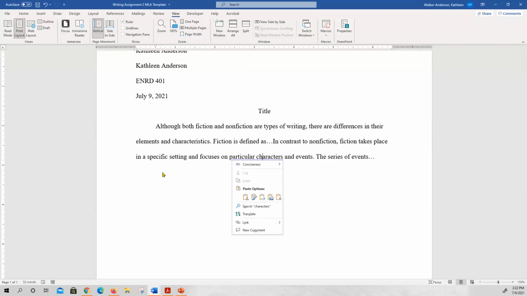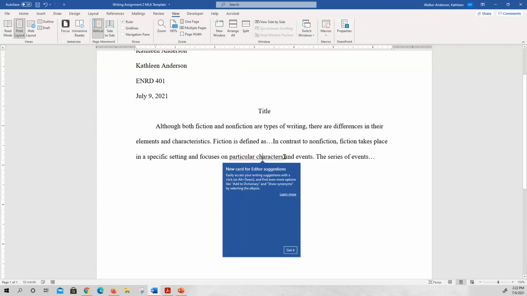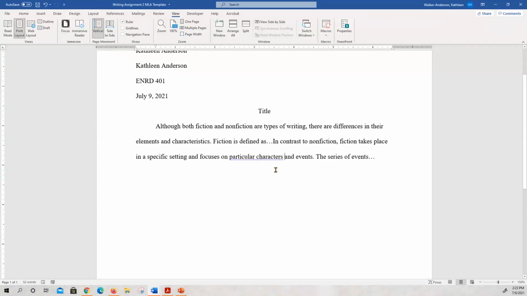So fiction takes place in a specific setting and focuses on particular characters, comma, their lives, and important events. No, I'll just do it in events. Okay, so I had to fix the grammar.